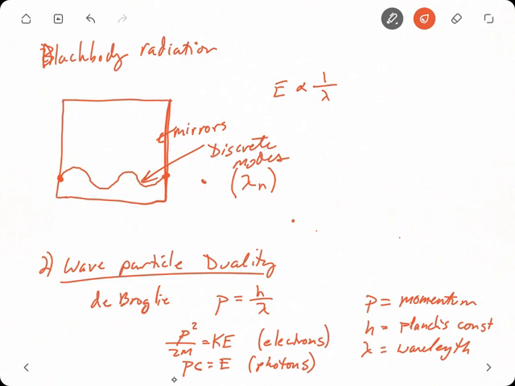So in both cases, you can use the momentum to determine energy, or vice versa.